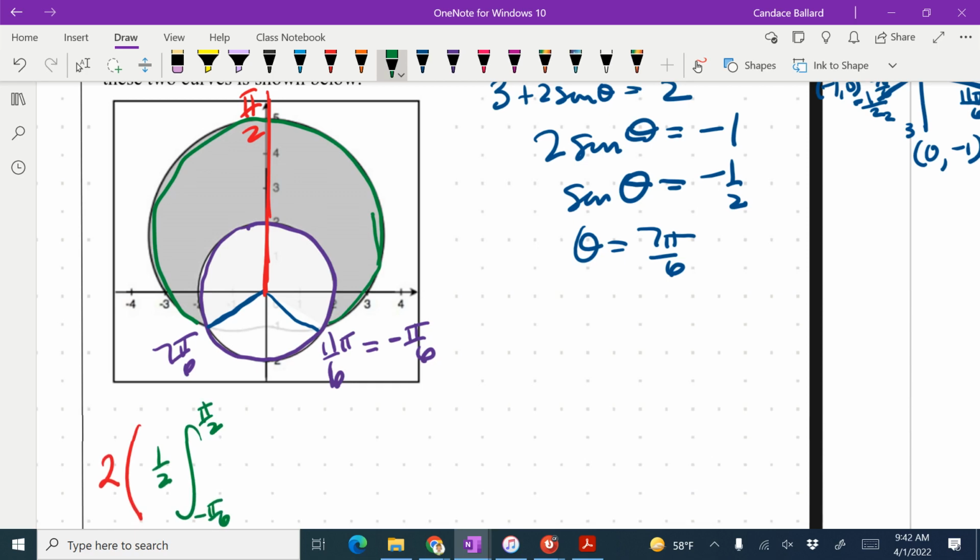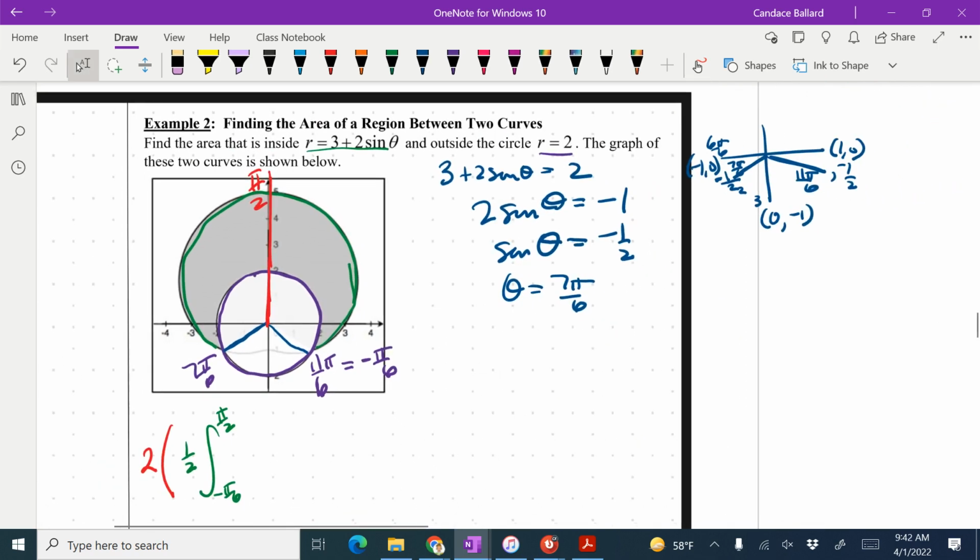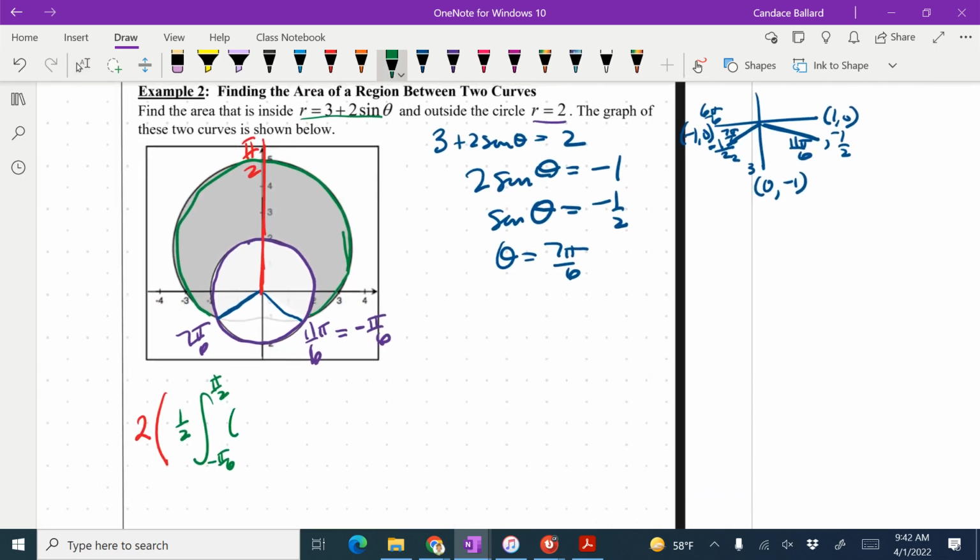And I'm doing the green one first. So the green one was the 3 plus 2 sine theta. What do I have to do to that? Good. And then minus, we're going to do the 2 again out front, right? And let's see, I'm doing purple.